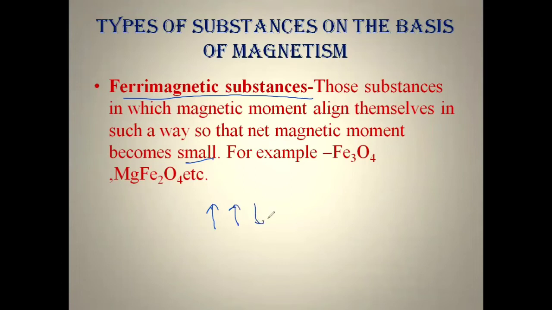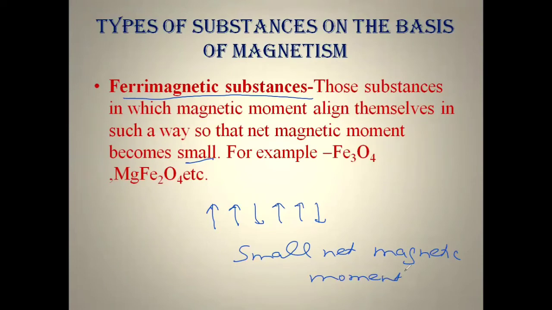You can see some are in one direction while some are in the opposite direction. So in this case, the net magnetic moment becomes small because some magnetic moments will cancel each other. So they will have a small net magnetic moment. Examples are Fe3O4, MgFe2O4, etc. These are ferrimagnetic substances.